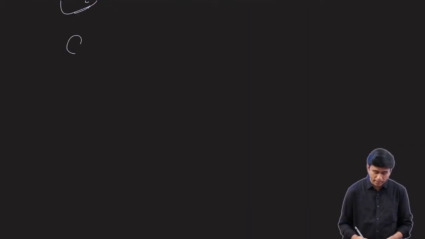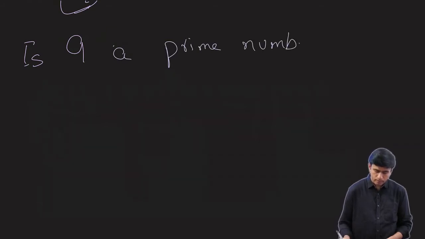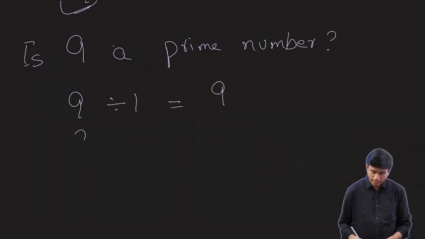Let's see if 9 is a prime number. Is 9 a prime number? What do you think? Let's see. 9 divided by 1 is 9. 9 divided by 2 is, the remainder is not 0.